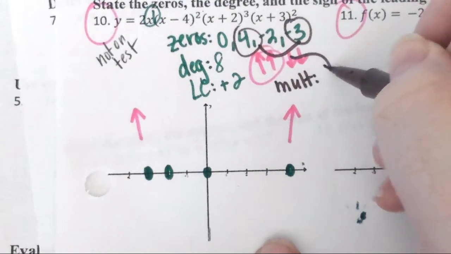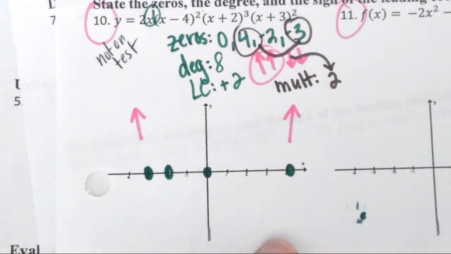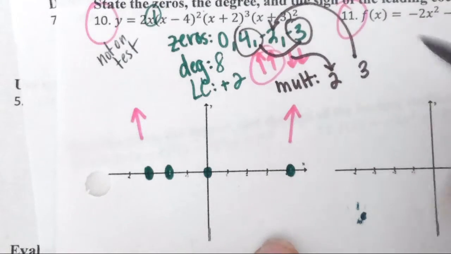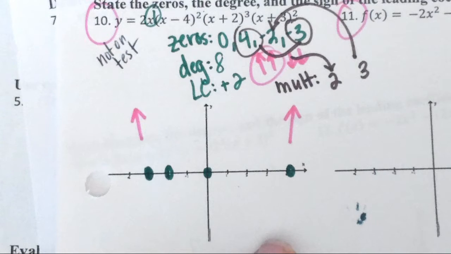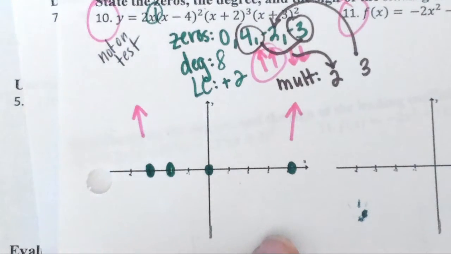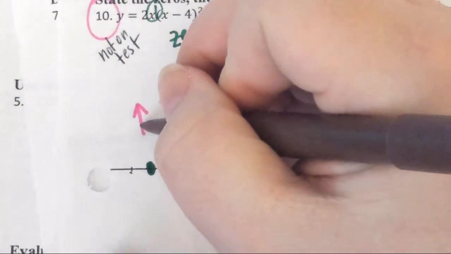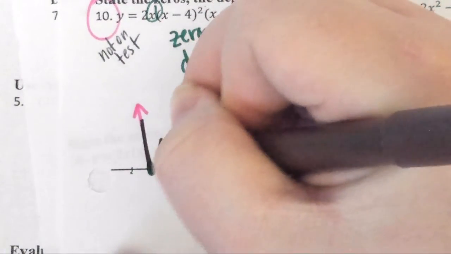These two have a multiplicity of 2, whereas this guy has a multiplicity of 3. Now, sadly, poor multiplicity of 3, he doesn't get to do anything cool. But at 4 and -3, something cool should happen. What is that cool thing? Say it again. Yes, so it's going to have like a bounce, or it looks like a parabola at that point.